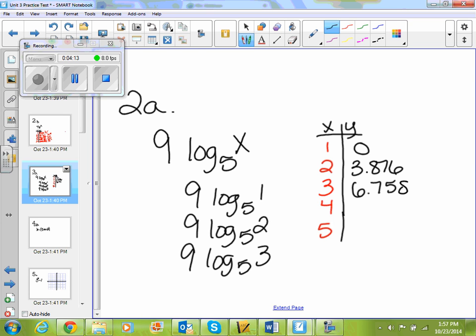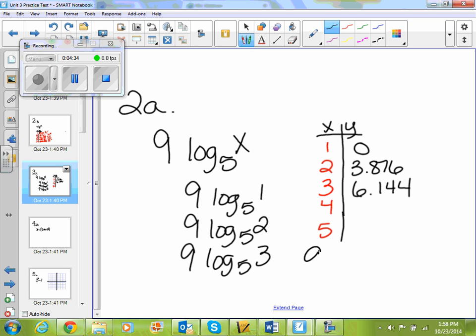Okay, I was like, that seems really outrageous. Oh, okay. 6.144. Okay, that's what I had on here. I was like, well, maybe I did it wrong.